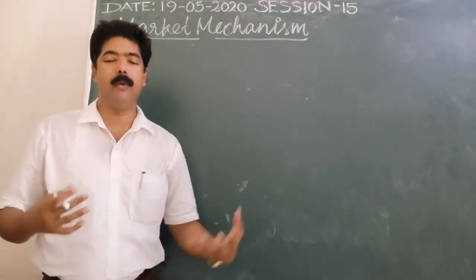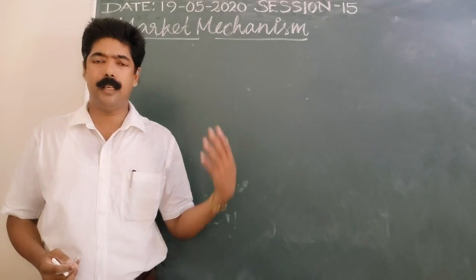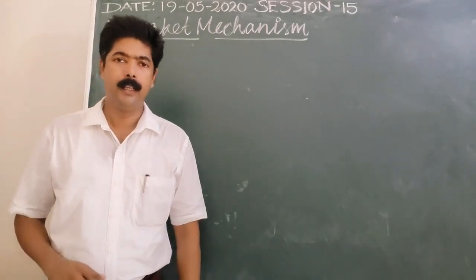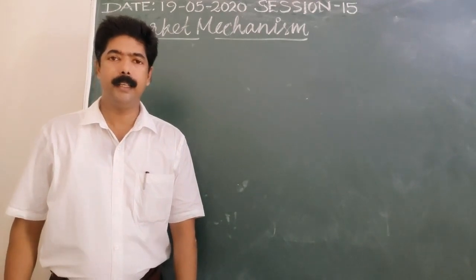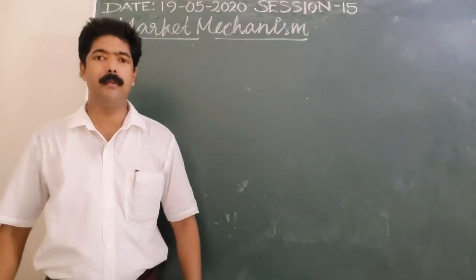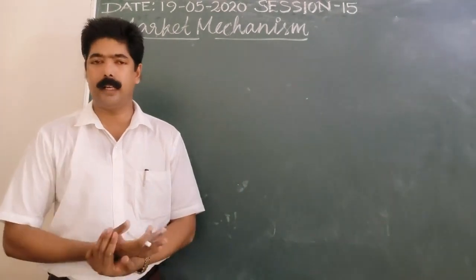These two points we have discussed very clearly in the previous chapters, demand and supply. Now if somebody asks who determines the price of the commodity, it is not any firm. A single firm has no right to determine the price of the commodity.